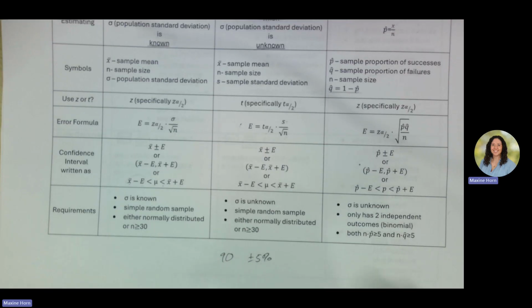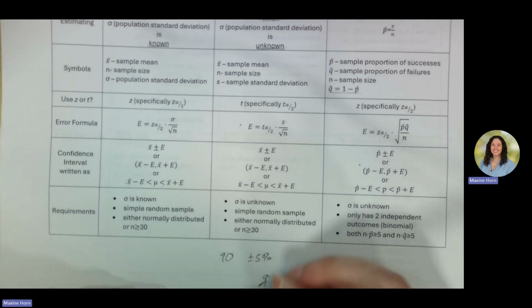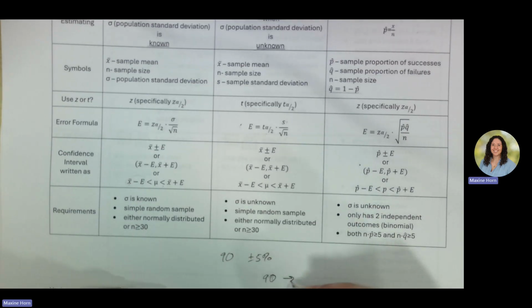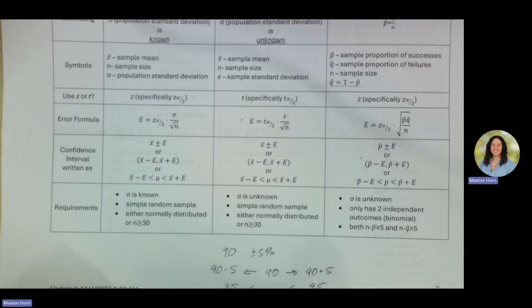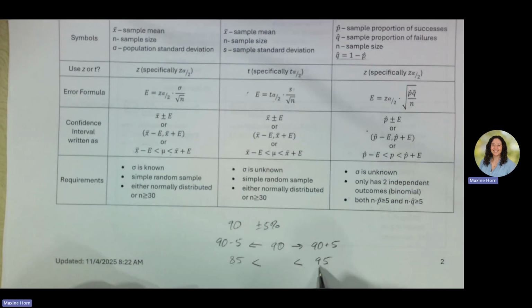Well, that means that you take 90, and you can add 5% and you can subtract 5%. So that's going to be 85 and that's going to be 95. So if we say 90 plus or minus 5%, we're saying that the thing, whatever it is, is somewhere between 85 and 95. So that's really all we're doing here, just with more complicated things.